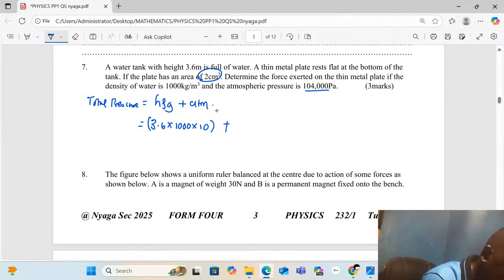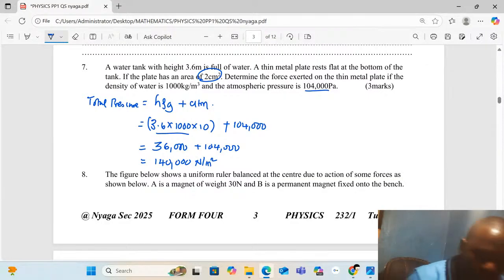Then plus our atmospheric pressure, which is 104,000. This will give us 36,000 plus 104,000. This will land us to 140,000 newtons per meter squared or pascals.